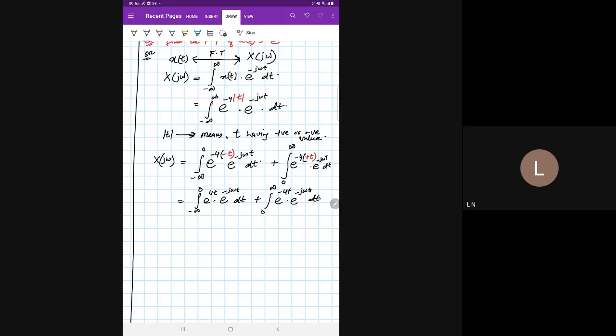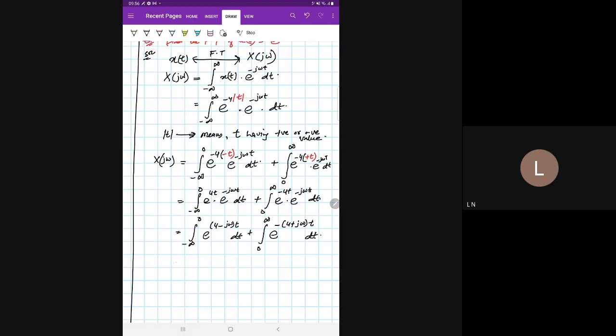Bases are the same, powers are added: e to the power 4 minus j omega t dt, plus the integral from 0 to plus infinity of e to the power minus 4 plus j omega t dt.